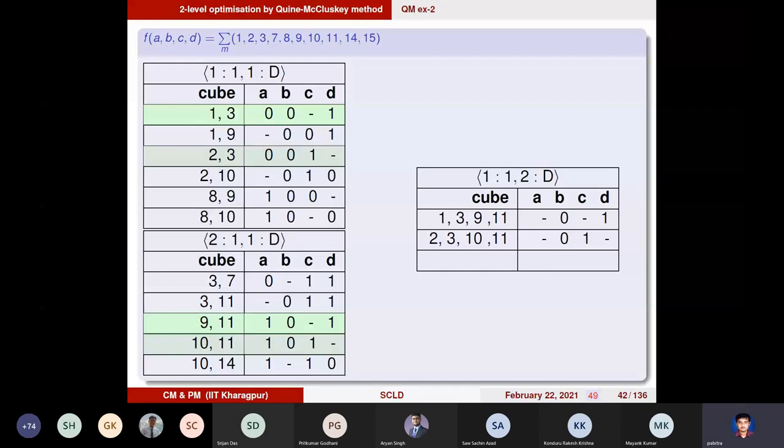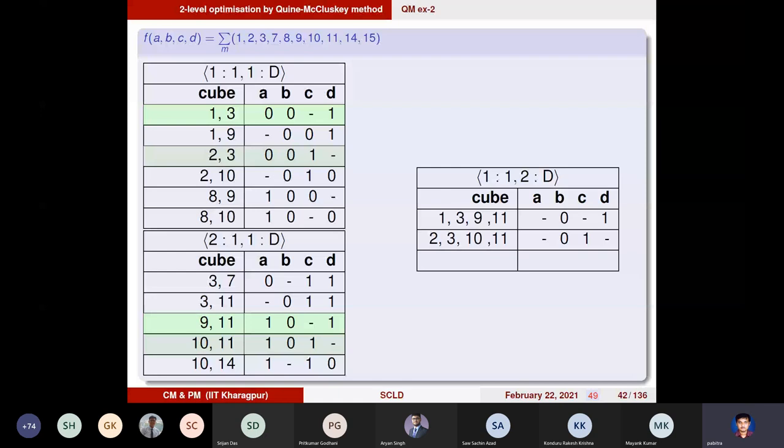3 11 doesn't combine. Does it combine with anything? No. 3 11 doesn't combine with anything. Similarly here, 7 15 wouldn't combine with anything. So 3 11 would be a prime implicant. 7 15 would be a prime implicant.